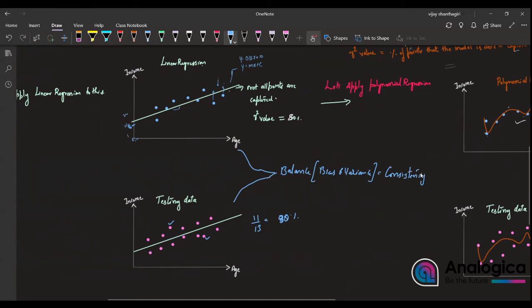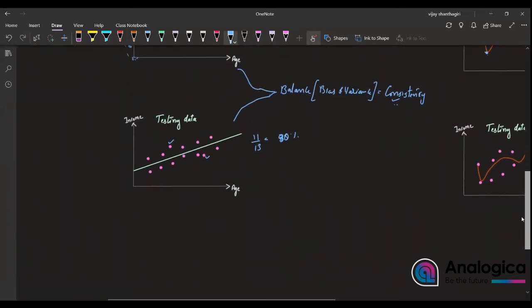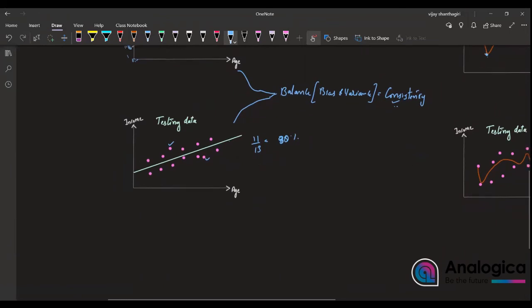Okay, so this is the moral of the story. The whole idea is to be consistent in your model, meaning your model should be able to be consistent in capturing both the bias and the variance of the training data.